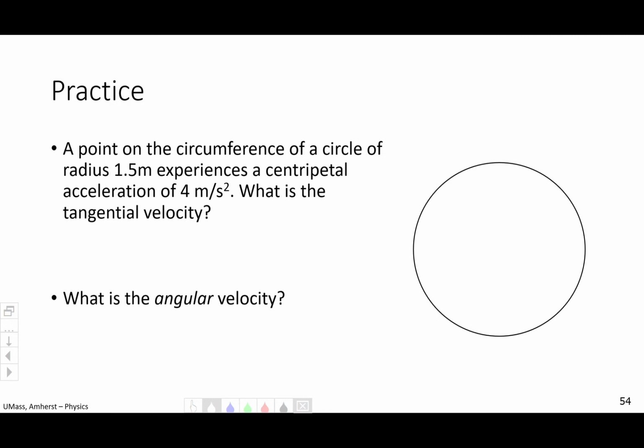So the centripetal acceleration, AC, is 4 meters per second squared. The radius is 1.5 meters.